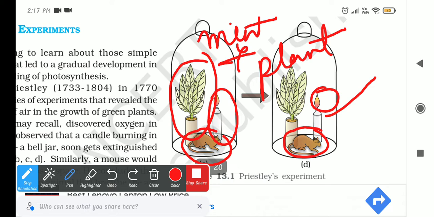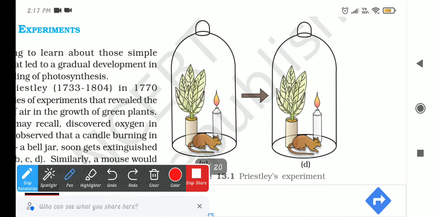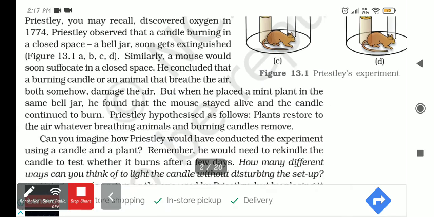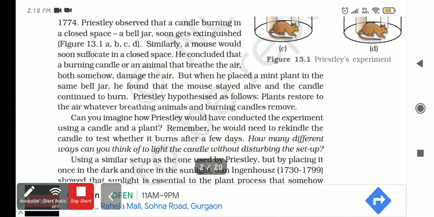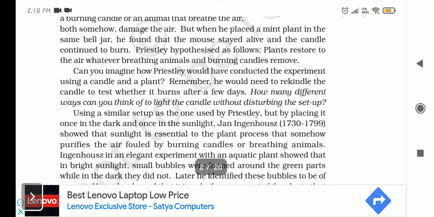Because this plant has produced O2, and there was no accumulation of CO2 in the jar. There is O2 present, and due to the oxygen, the candle remains burning, and the rat also didn't die. So this was a pretty cool experiment.